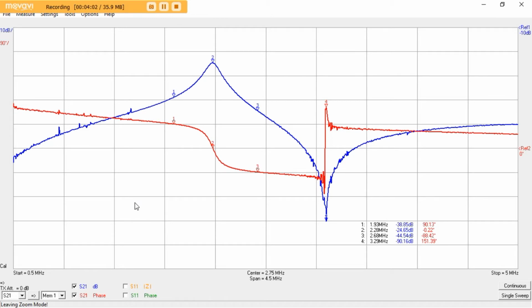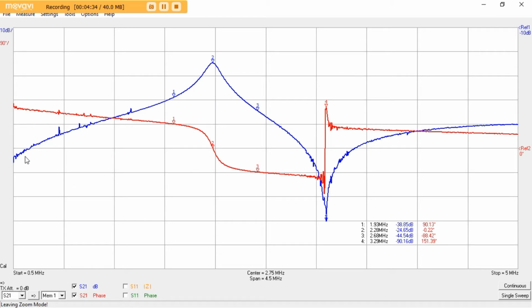So this is S21, the transmission gain from the output of the vector network analyzer into the primary coil, and then coupling to the secondary coil, and then that return wire coming off the top of the secondary coil back into the input of the vector network analyzer.